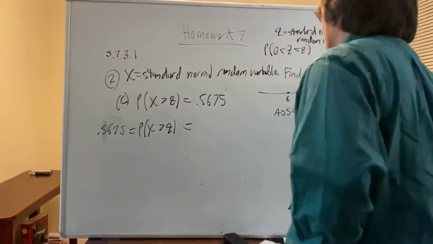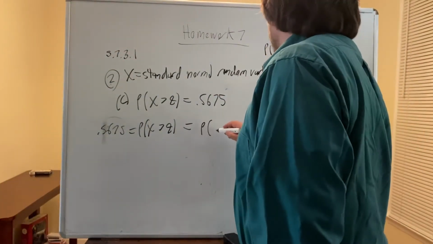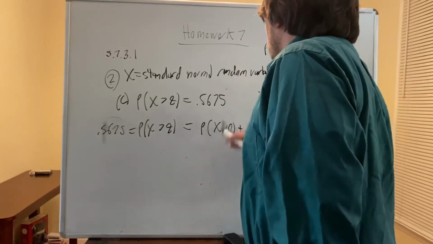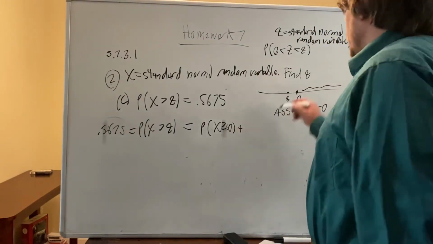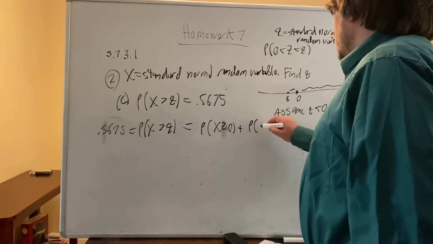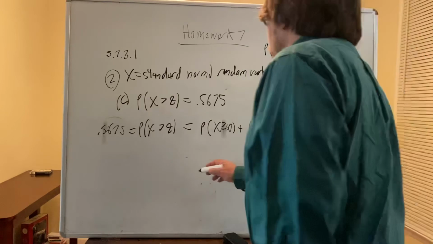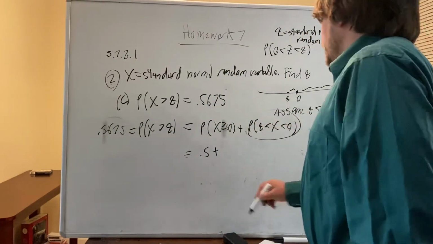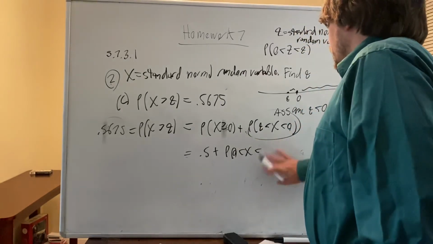And this is equal to the probability that x is greater than or equal to 0, that's 0.5, plus this probability, the probability that z is less than x less than 0. Z is negative. And so that's equal to 0.5 plus, now due to symmetry, this thing is the same as the probability of 0 less than x less than negative z.